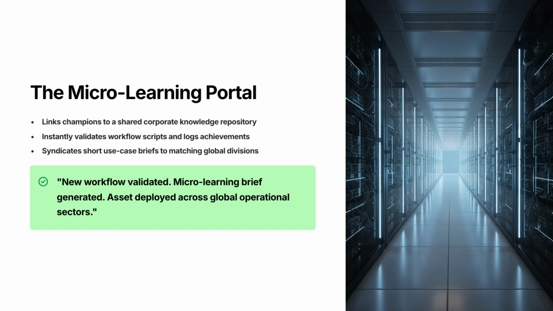To ensure our champions network stays fully active across all international sites, we link a dedicated micro-learning portal directly to our corporate communication infrastructure so that when a logistics champion builds a high-efficiency data script, the system instantly validates the code, logs the achievement, and syndicates a short use case brief to all matching global divisions.